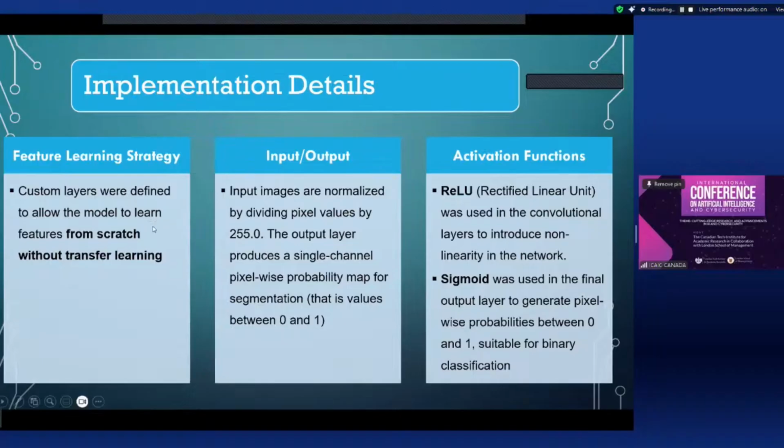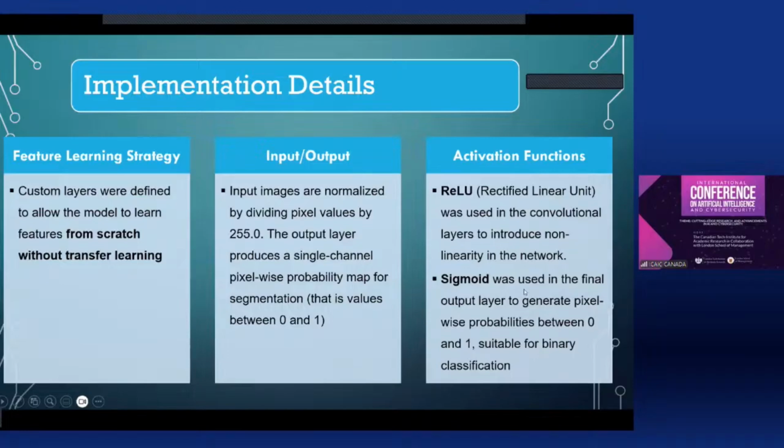But here, we trained the network from scratch to make sure that it learns the features in the images. I explained this already, and the activation functions are included in the network. We have ReLU and sigmoid.